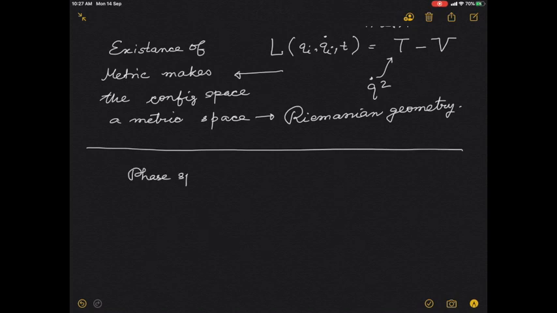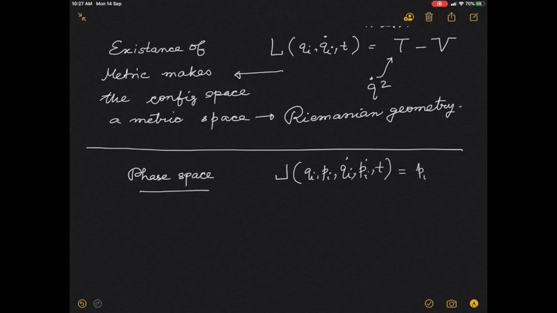Now let's come to phase space. In phase space, our Lagrangian, which is now a function of qi, pi, qi dot, pi dot, and t, is given by pi qi dot minus h, and h is a function of qi and pi, and can be time dependent.